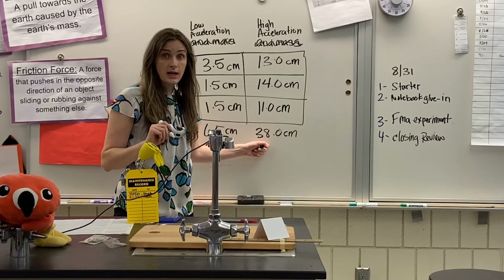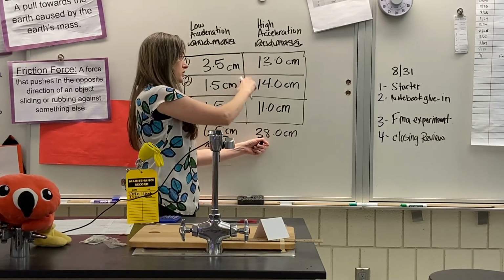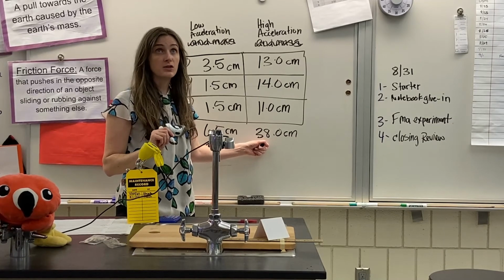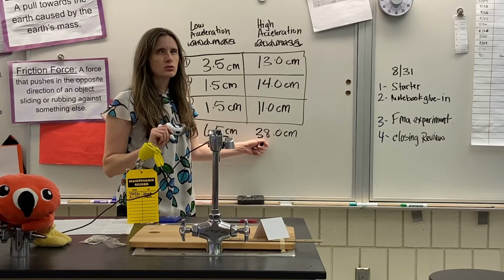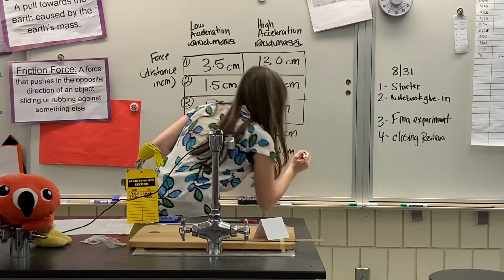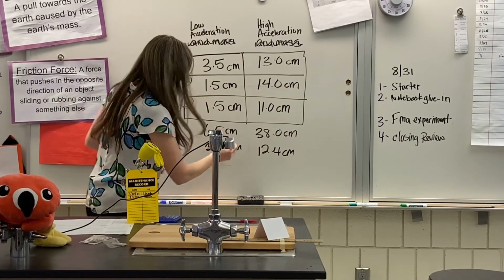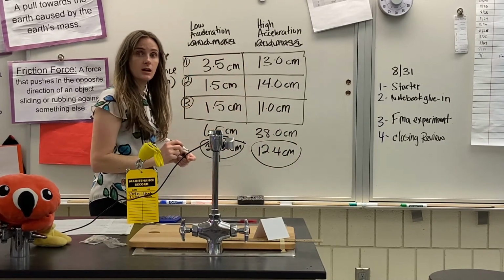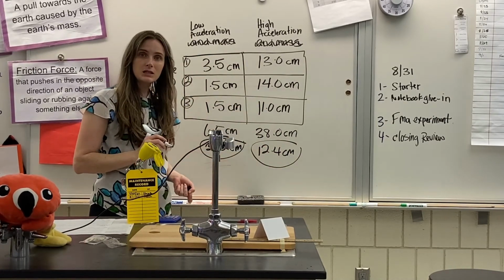And then 38 divided by 3, because we have 1, 2, 3 numbers here, is 30 divided by 3 is 10, 8 divided by 3 is 2.4, so that gives us 12.4 centimeters. Now we have numbers that represent each set of data, and these numbers are easy to compare.